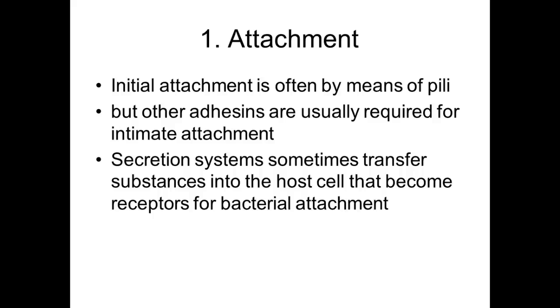It doesn't stay there for long periods of time; we're continually moving it through. But most of the bacteria that infect us have pili, or fimbriae, specialized protein appendages that allow them to attach. Others have other types of adhesion receptors, ways of sticking to our epithelial cells for the initial attachment.